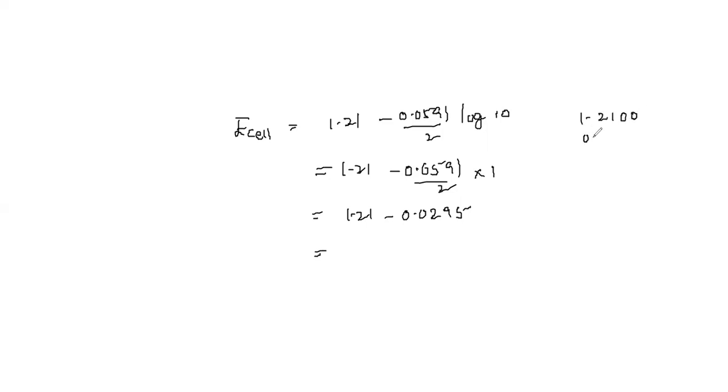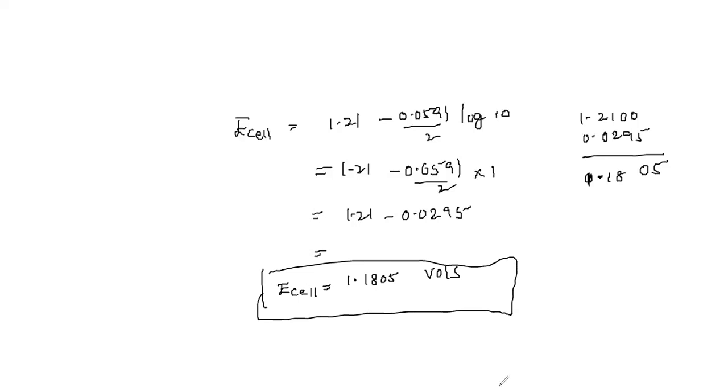So here, 1.2100 minus 0.0295, which gives 1.1805 volts. Is it clear? This is the final answer.